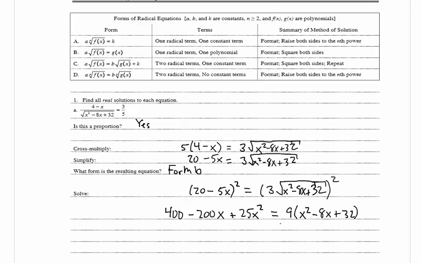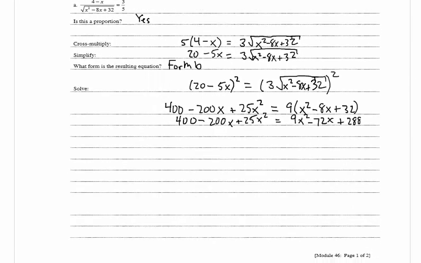And now I want to distribute my 9 on the right side of the equals. So we have 9x squared minus 72x plus 288. And now I'm going to move all of my terms to the left side of the equal sign.